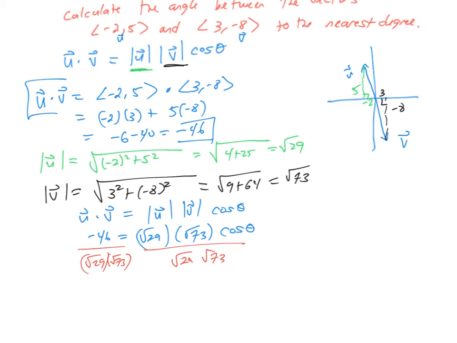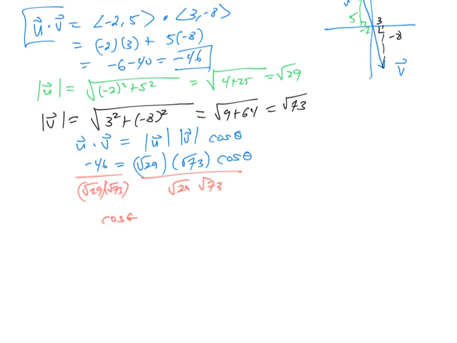So we're going to get that cosine of theta is equal to -46 over rad 29 times rad 73. And then theta is going to be cosine inverse of -46 over rad 29 times rad 73.